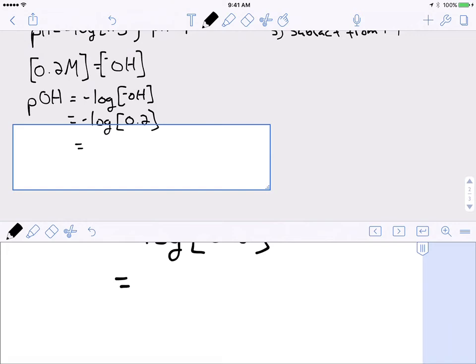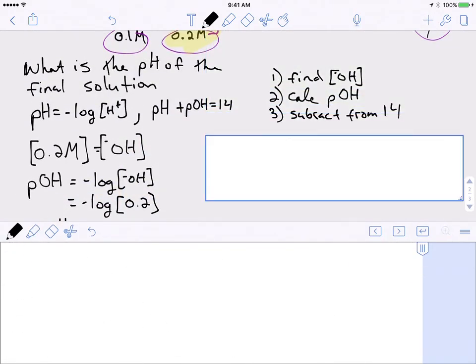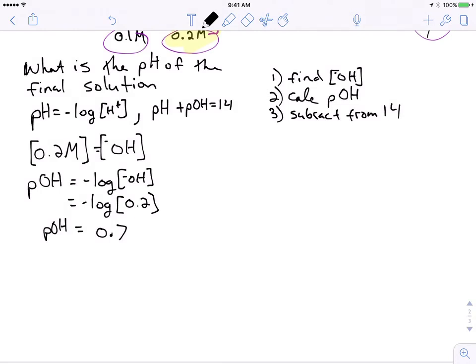Can you imagine doing chemistry without a calculator? Terrible idea. That equals about 0.7. That is my pOH, okay? So that's number 2 over here. So I found my OH, I calculated my pOH, now I'm going to subtract that from 14 to find my pH.